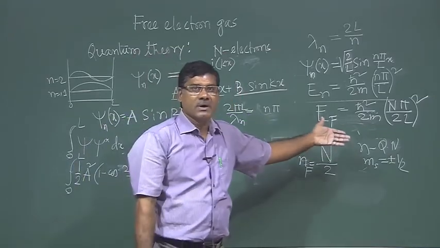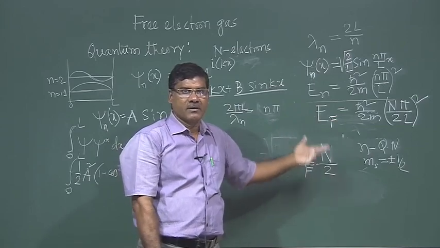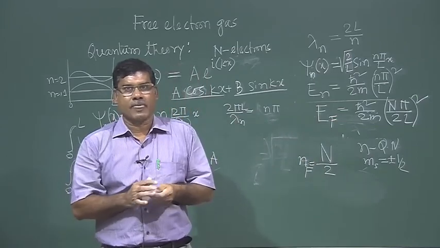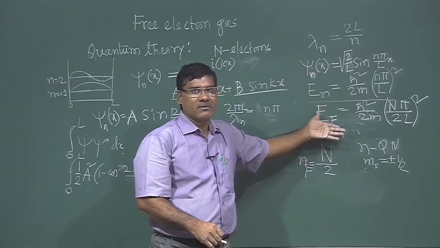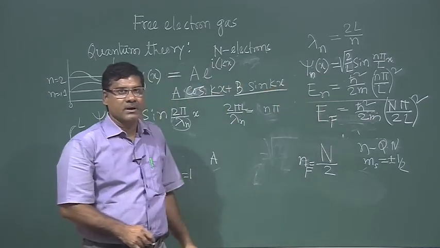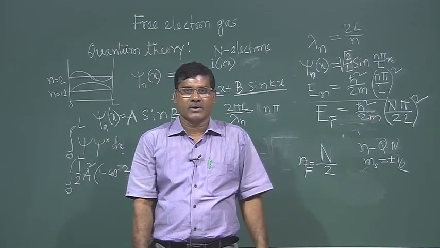These are very important terms for a solid system, the Fermi level and Fermi energy. So, easily we could find them out from this simple treatment. I will stop here and continue in the next class. Thank you for your attention.